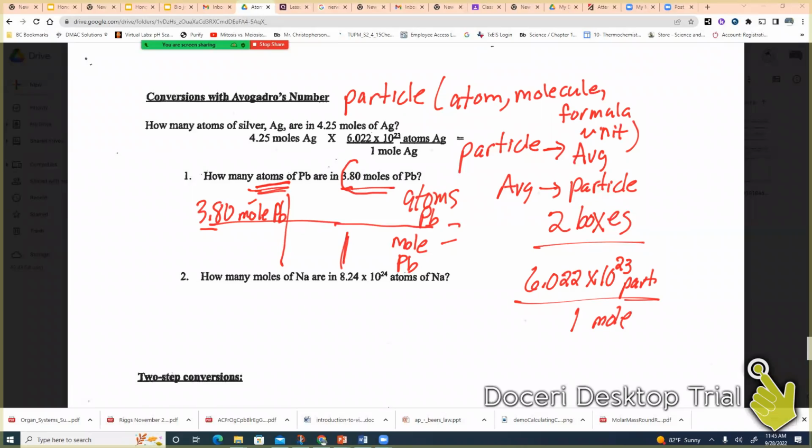So our 1 would go down here, and our 6.022 times 10 to the 23rd atoms would go up here. So now you're ready to put it in your calculator. Don't forget, if you're multiplying, you're going to end up with a really large number. So don't forget your E that tells you what your exponent should be.